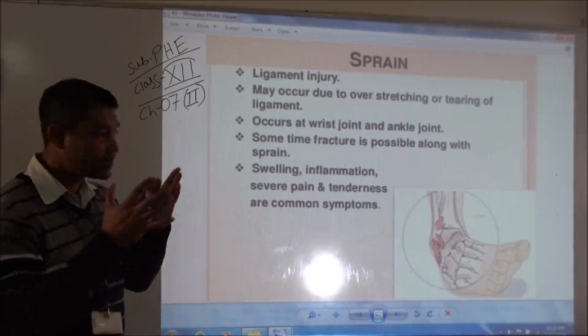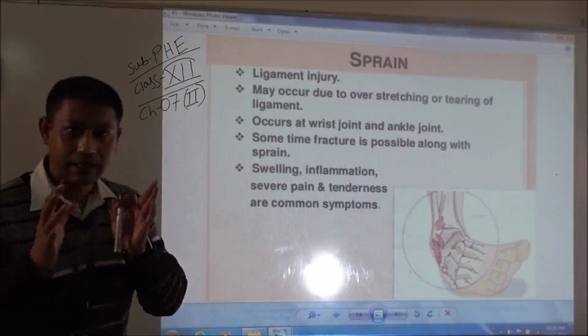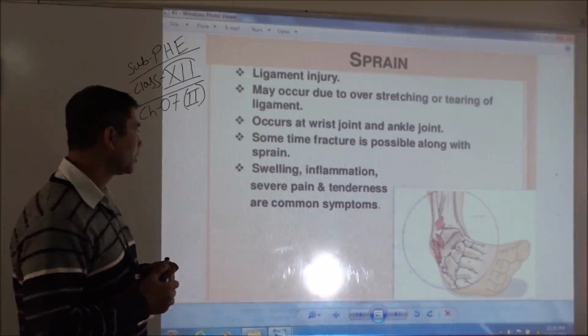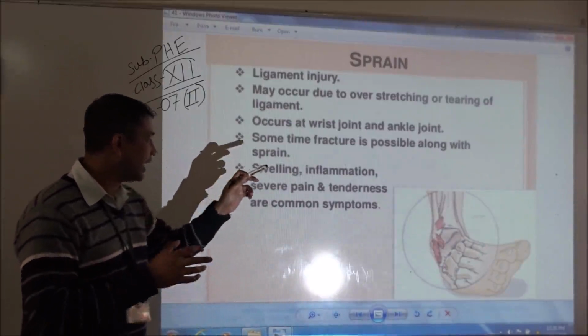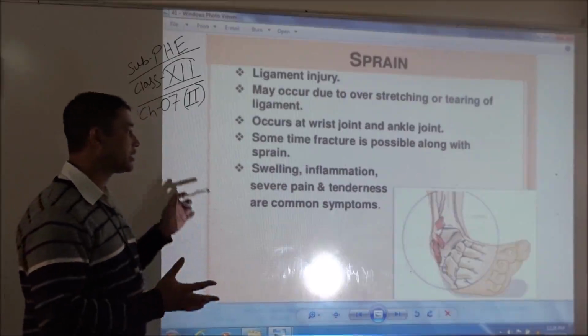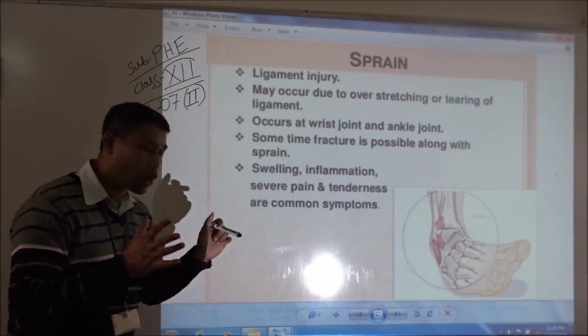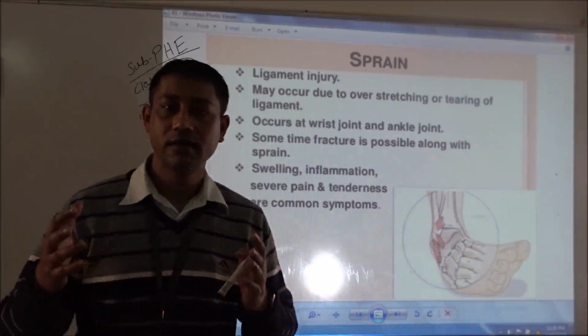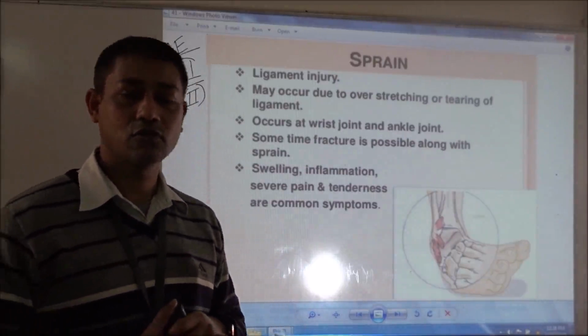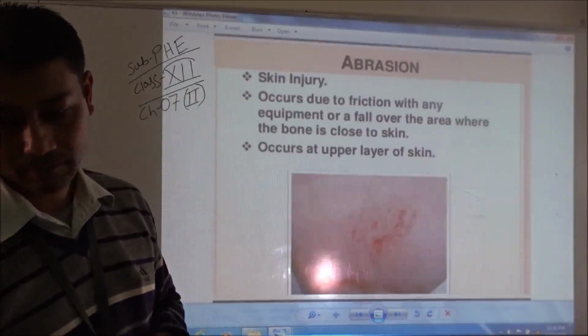So sprain is an injury to ligaments. Swelling, inflammation, severe pain. So these are common symptoms of sprain sort of soft tissue injuries.